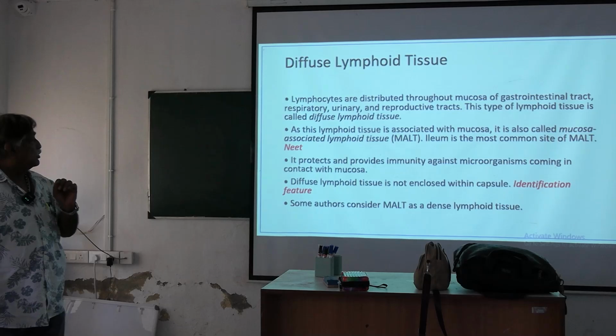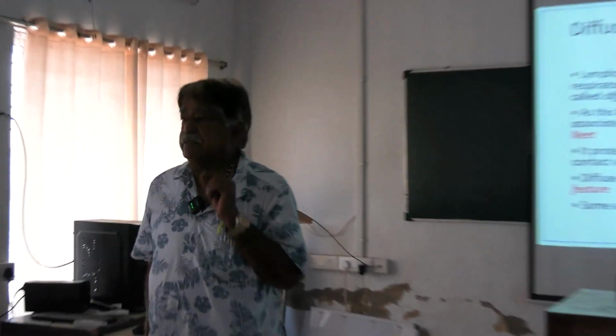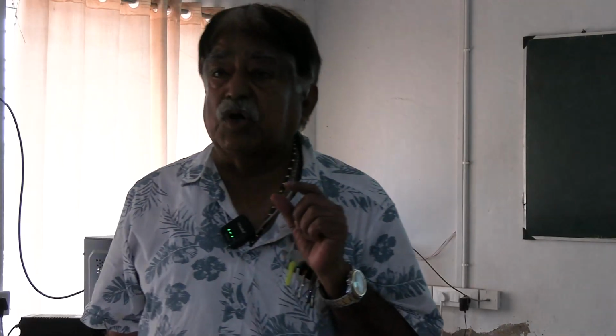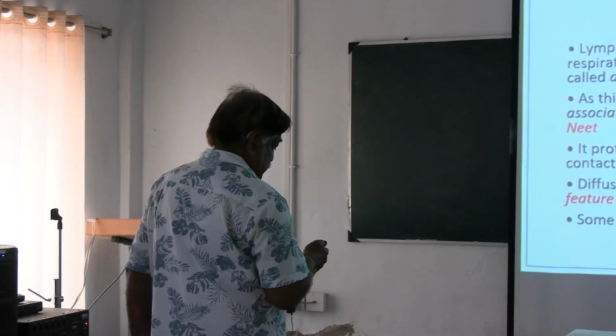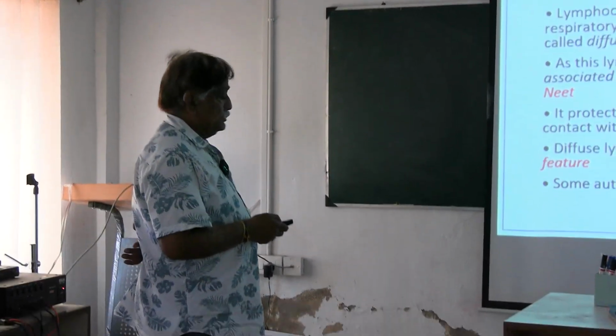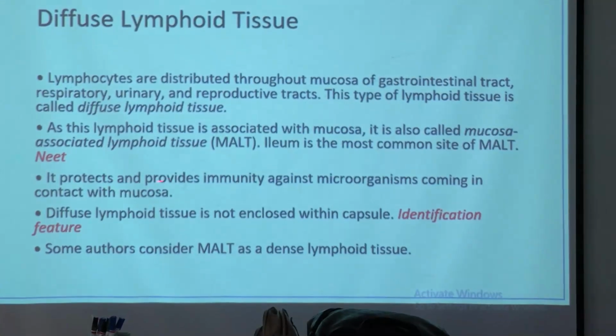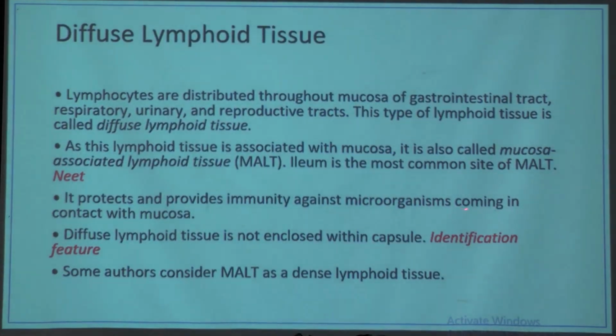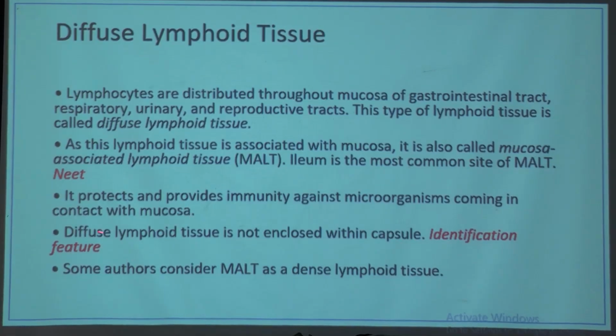This can be an MCQ question, it can be a NEET question, it can be a short note on diffuse lymphoid tissue. It protects and provides immunity against microorganisms coming in contact with mucosa.